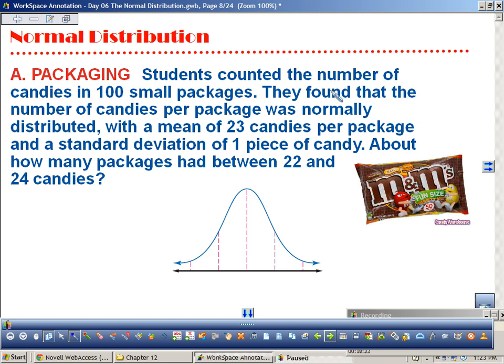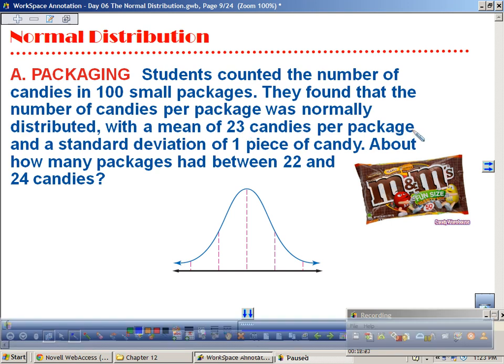Students counted the number of candies in 100 small packages. They found that the number of candies per package was normally distributed, with a mean of 23 candies per package. So I put my mean right in the middle, 23, and a standard deviation of 1 piece of candy. So if 1 standard deviation away is 1 piece of candy, what would be here? 24, 25.